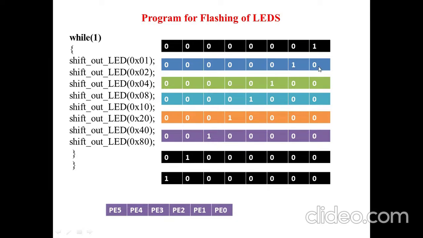Similarly, with the second LED on and the remaining LEDs off, it is 0x02. Similarly 0x04, 0x08, and the upper LEDs 0x10, 0x20, 0x40, 0x80. Likewise, you have to give the data, and I have to continuously flash the LEDs, continuously shifting the position of the lit LED. So I have to put this in a while loop. I hope you understand the explanation of this particular block of the program.